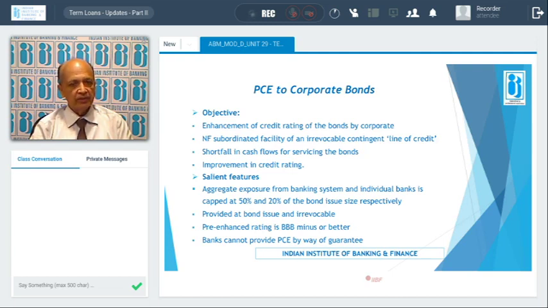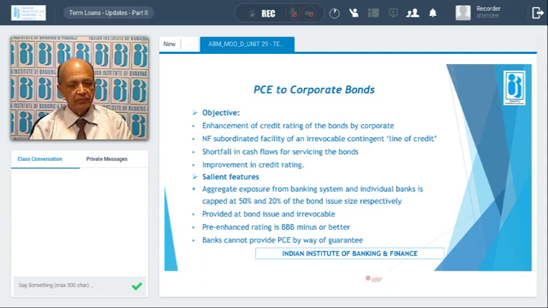So for enhancement of the credit rating of the bonds issued by the corporate, RBI has permitted banks to provide partial credit enhancement to corporate bonds.